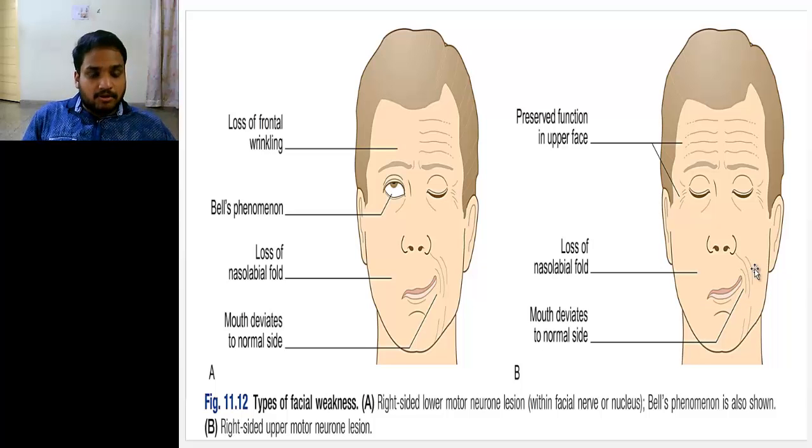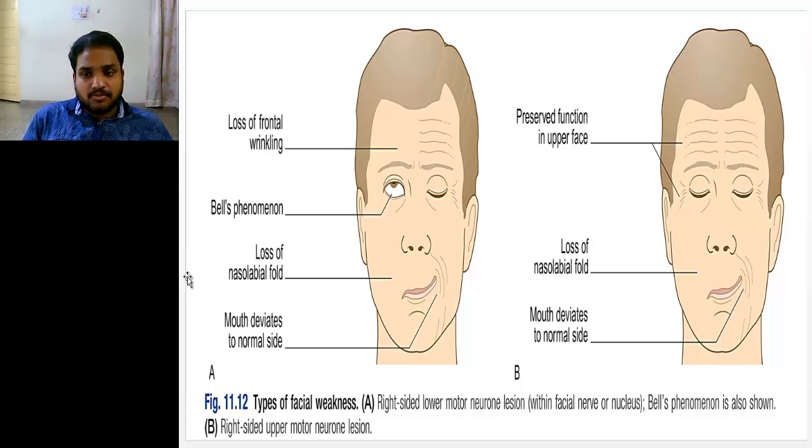Remember, always very important, the angle of mouth deviates to the normal side. Why? Because on the normal side the muscles are intact. Here the muscles are paralyzed, right? So it is going to pull the angle of mouth to the opposite side. Fine. So the angle of mouth deviates to the normal side. Fine. So that is the upper motor neuron lesion.